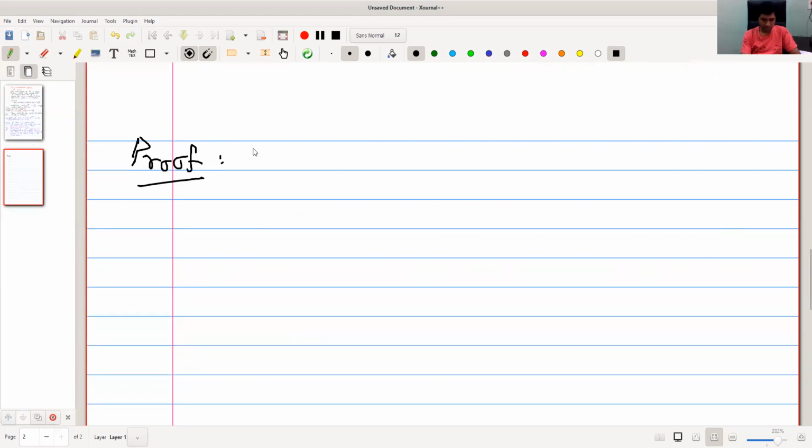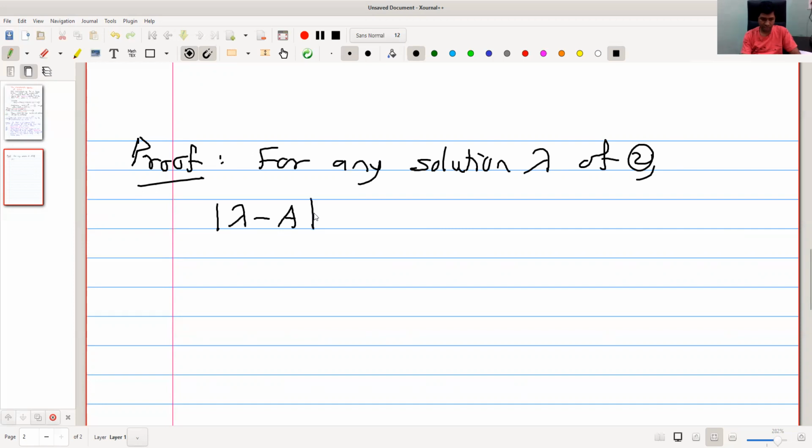So for any solution lambda of characteristic equation 2, the absolute value of lambda minus a is equal to the absolute value of b times e raised to minus r times the real part of lambda.